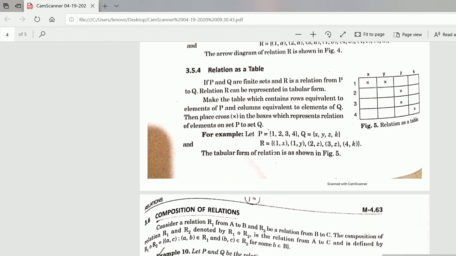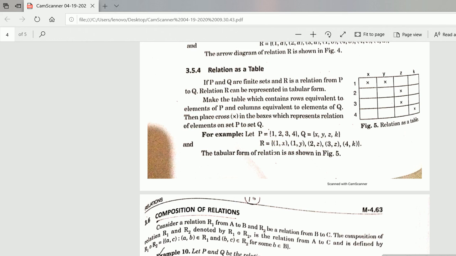One more is there: relation as a table. This is new for you. If P and Q are finite sets and R is a relation from P to Q, then R can be represented in tabular form. Make a table.